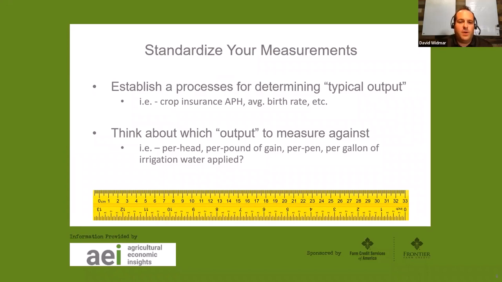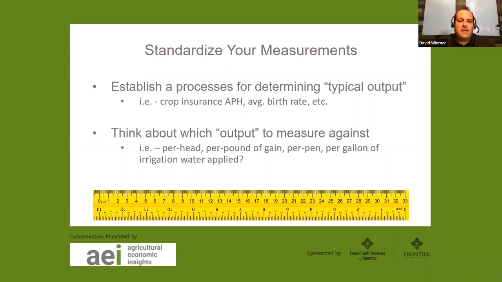The first thing we want to do is to spend a little bit of time, before you start taking your total costs and dividing them by bushels, to think about what's a typical process for determining what output I should be using. Is it your crop insurance APH? Is it maybe an average yield? You can think through a lot of different ways: you might have a farm average yield, you might have a field average yield.